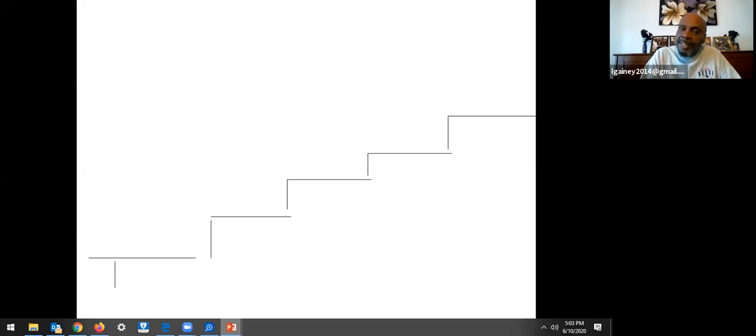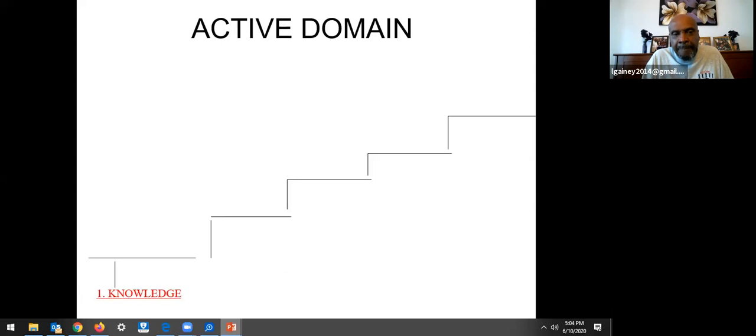And so I have a similar depiction here of what the learning steps are in this domain, the active domain, which starts with knowledge and comprehension. Again, all learning tends to have the knowledge and comprehension levels, because when you're talking about active learning or affective learning, people still have to understand it.